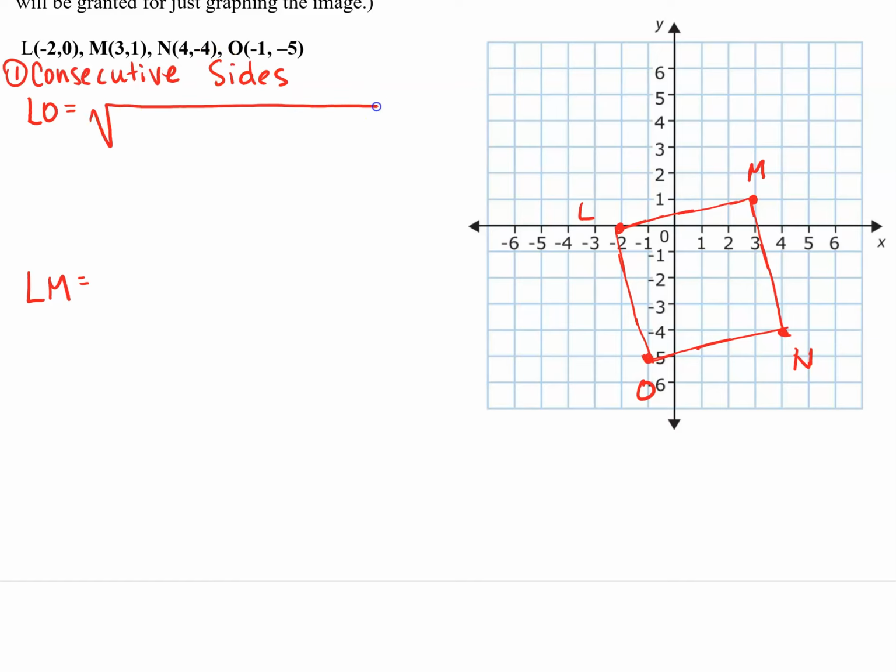Okay. You can plug coordinates in, or you can just start counting on your graph. Make sure your graph is accurate though, because this won't work if you don't have an accurate graph. So to get from L to O, I'd have to go 1, 2, 3, 4, 5. 5 squared plus over 1 squared.